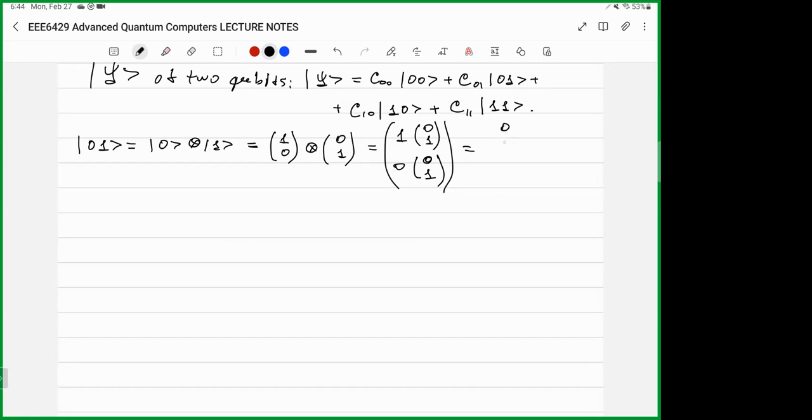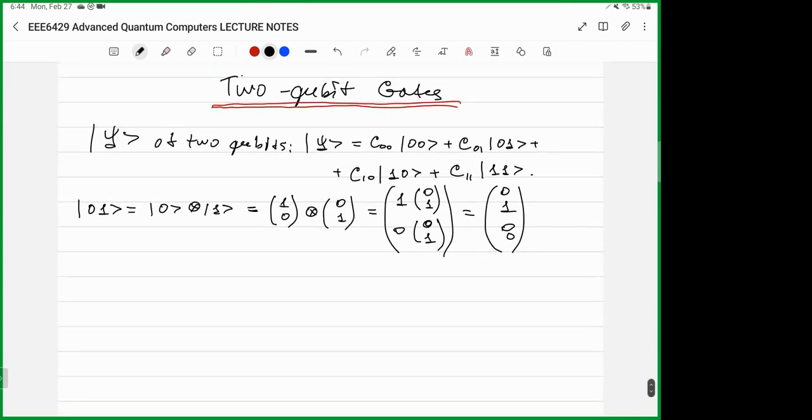So it is 0, 1, and then 0, 0. This is the new basis vector of the combined system.